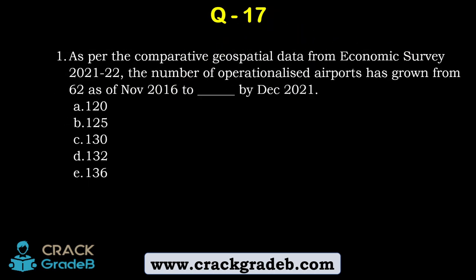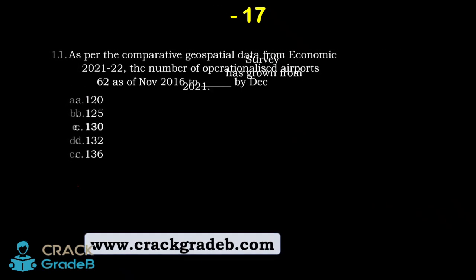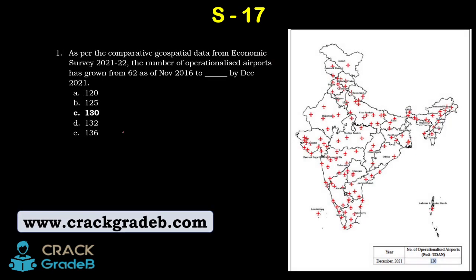As per the comparative geospatial data from the Economic Survey 21-22, the number of operationalized airports has grown from 62 as of November 2016 to dash by December 2021. Right? Let's move forward and see the answer: 130. Look at it.